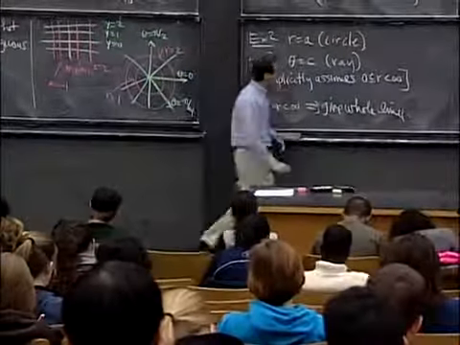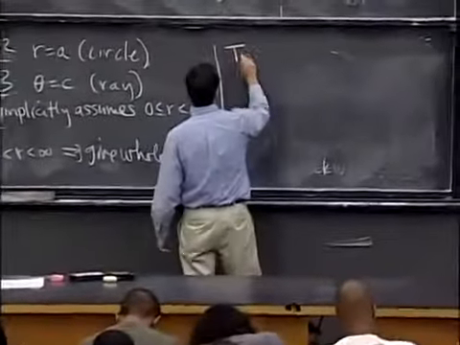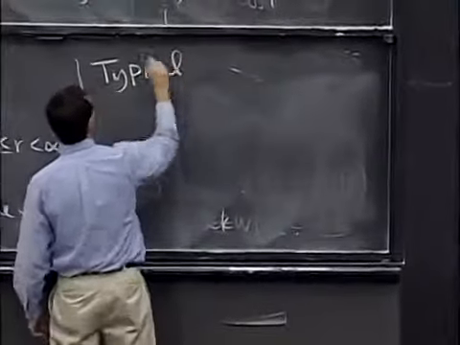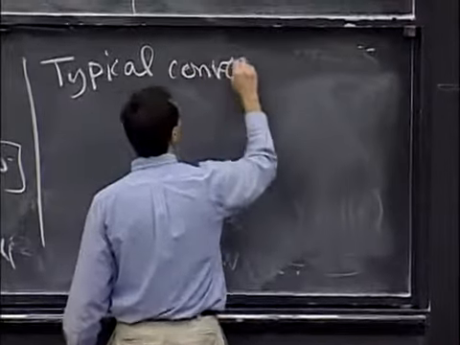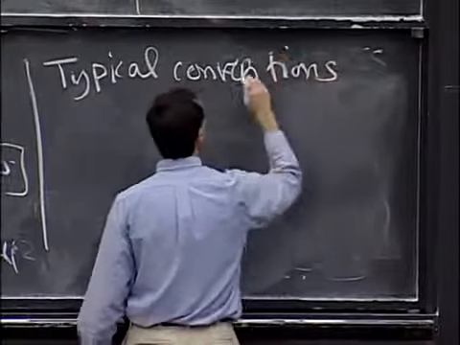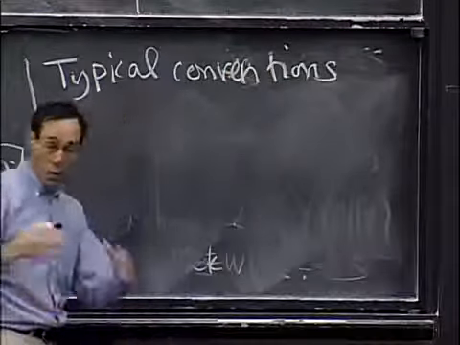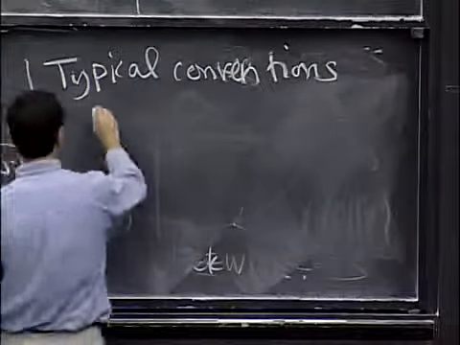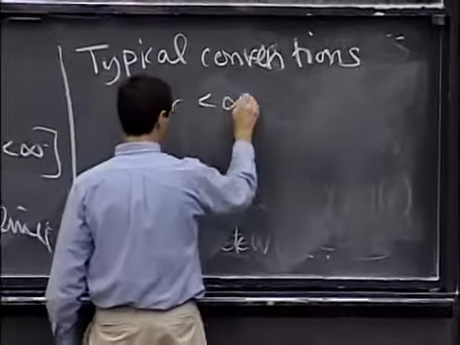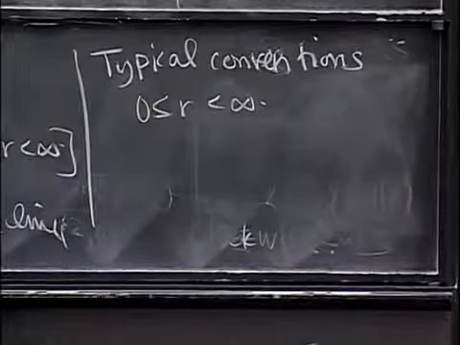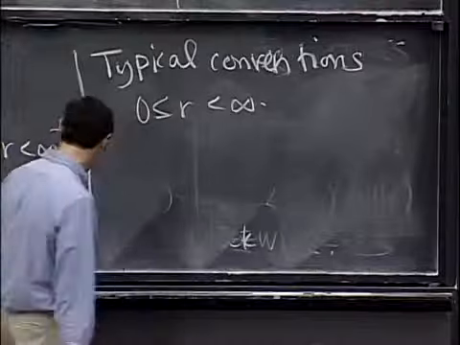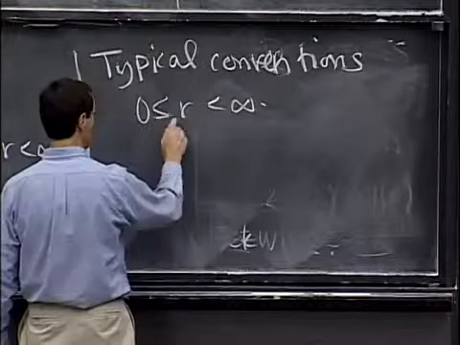So here are the typical conventions. And you will see people assume this without even telling you, so you need to watch out for it. The typical conventions are certainly this one, which is a nice thing to do pretty much all the time, although not all the time, most of the time.